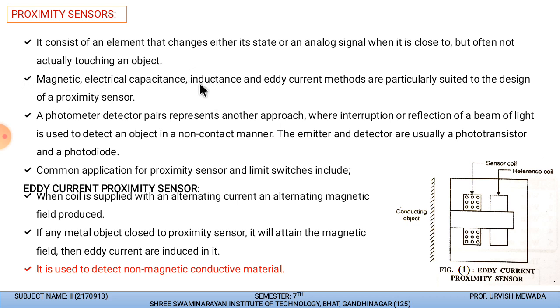So we all know the working function of these three types of arrangement, and the eddy current method. By using the principle of all four methods, it can sense the proximity of an object. The photometer detector pair represents another approach, where the interruption or reflection of a beam of light is used to detect an object in a non-contact manner, and the emitter and detector are usually a phototransistor and a photodiode.